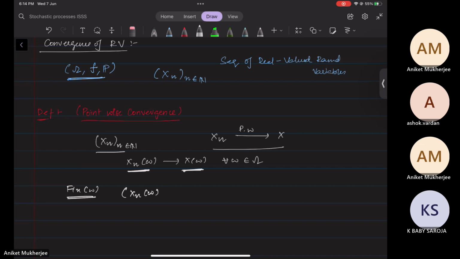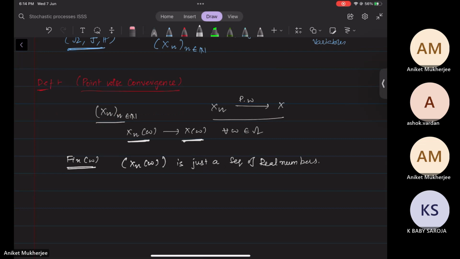So the important thing here is Xn is just a sequence of real numbers. And then check the definition.